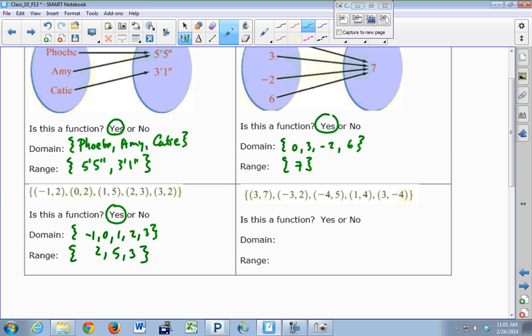And finally, the last one, table 4. No, and why is this not a function? Right, 3 goes to 7, and 3 also goes to -4. That's not allowed. So our domain, what do we get for the domain here, Amy?